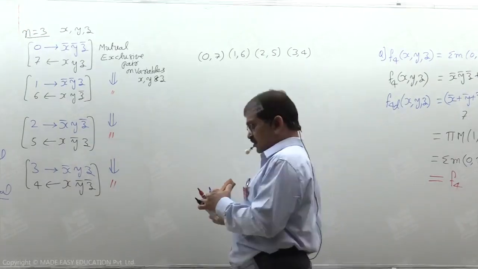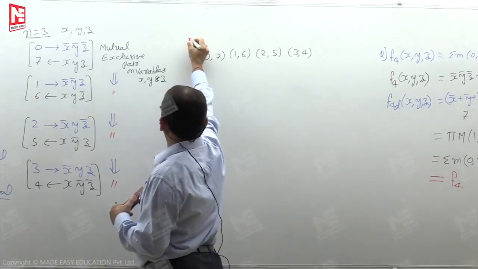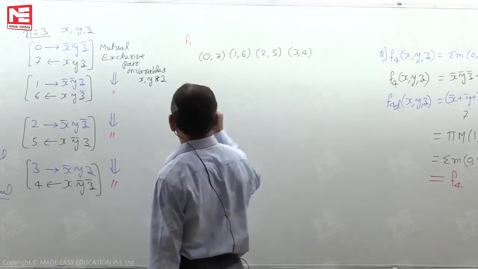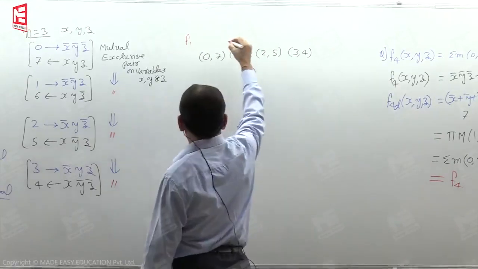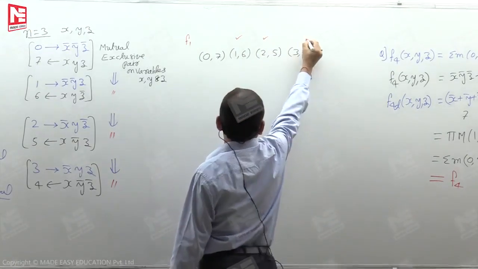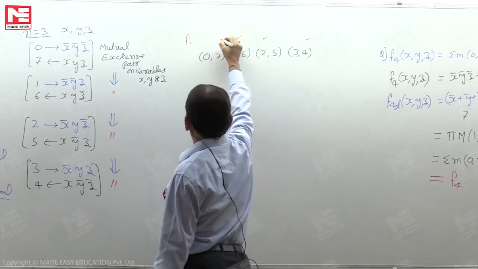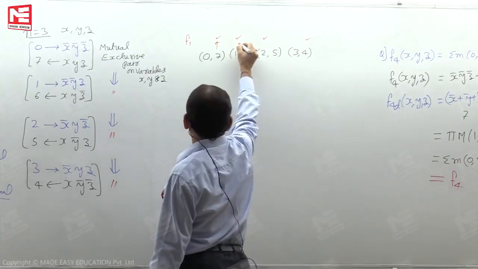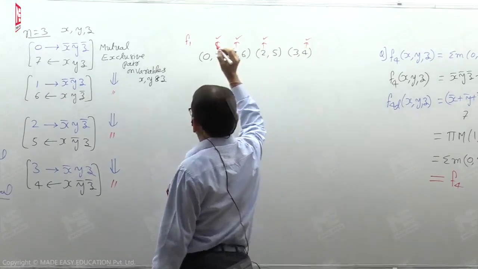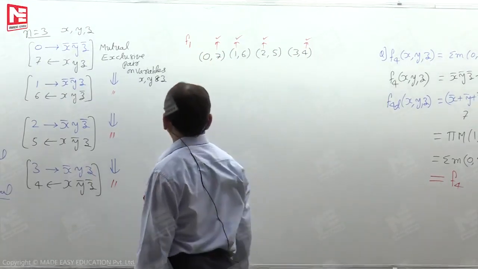In the f1 function, the min terms, if you see, are 1, 2, 4 and 7. These are the min terms in the f1 function.